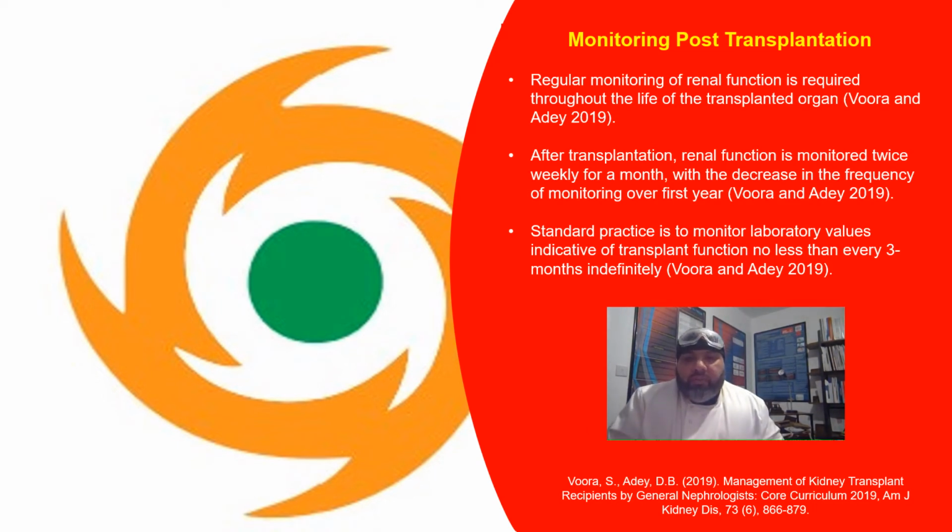Monitoring post-transplantation: regular monitoring of renal function is generally required throughout the life of a transplant. After transplantation, renal function can be monitored anything from twice weekly for a month, with an increase in frequency of monitoring over at least the first year post-transplant.